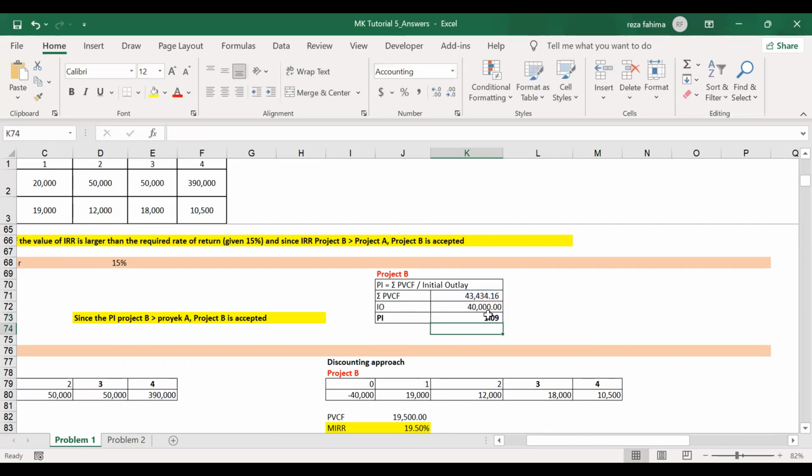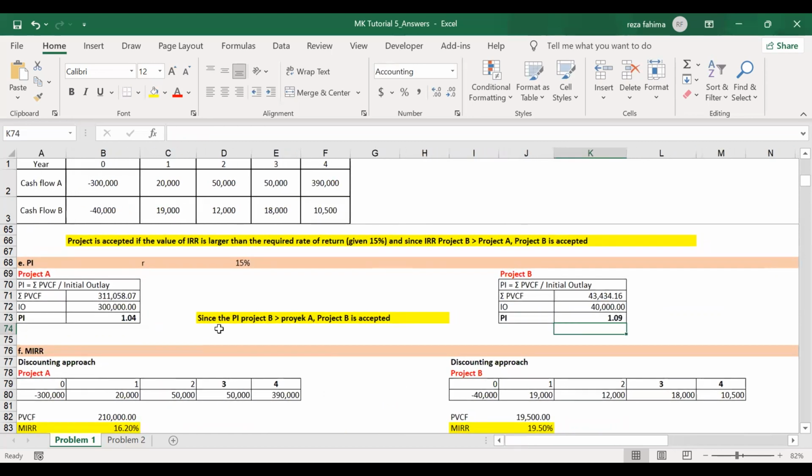So we get this 1.09 as the PI. And from the profitability index, we know that the PI of project B is higher. It means that it will be more preferable for investors. So we're going to choose project B based on the PI.